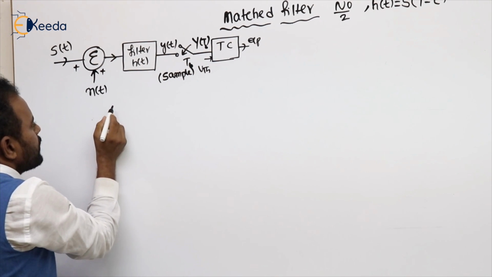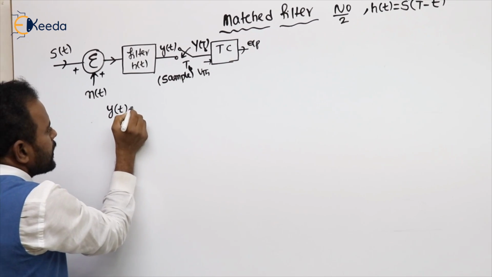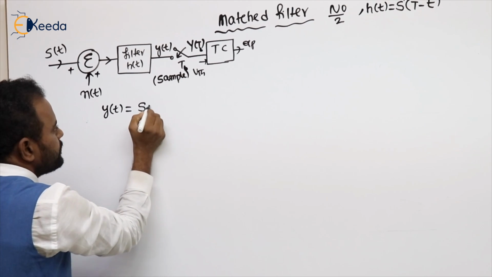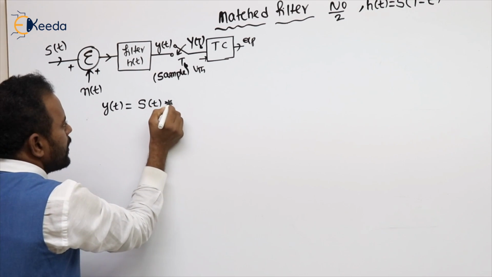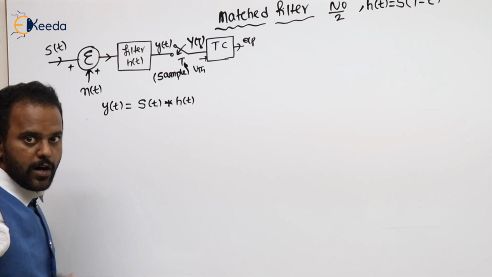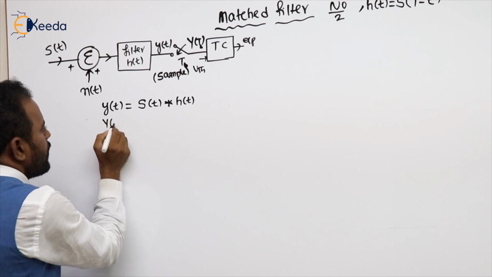What is the y of t corresponding to signal component? Y of t, corresponding to signal component, is our signal S of t convolution with h of t. Corresponding to signal component I am discussing, not the noise. Then what is y of f, sir?